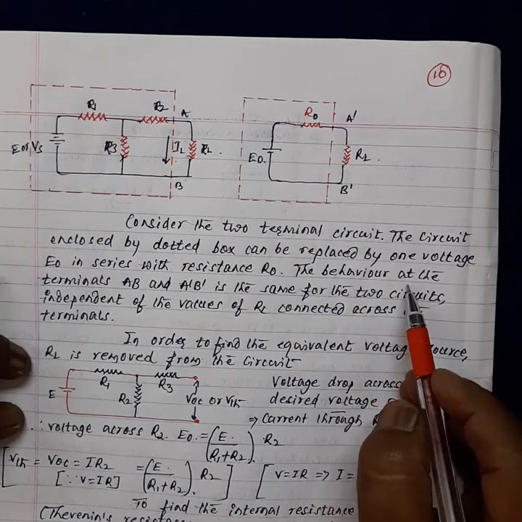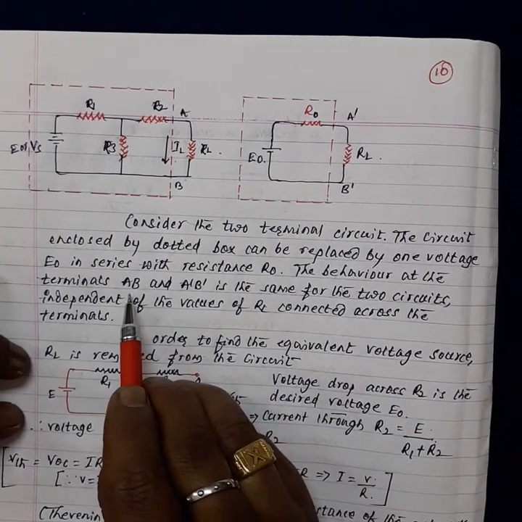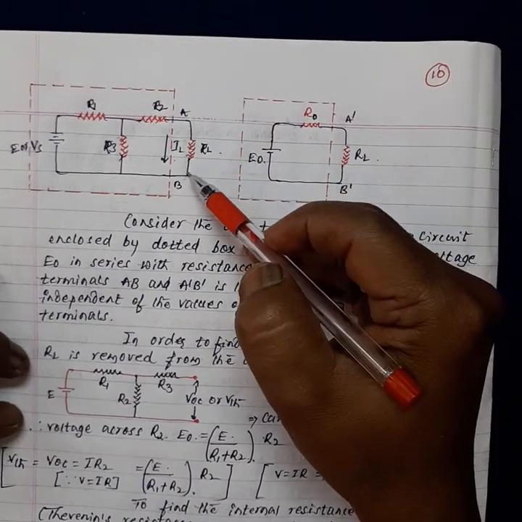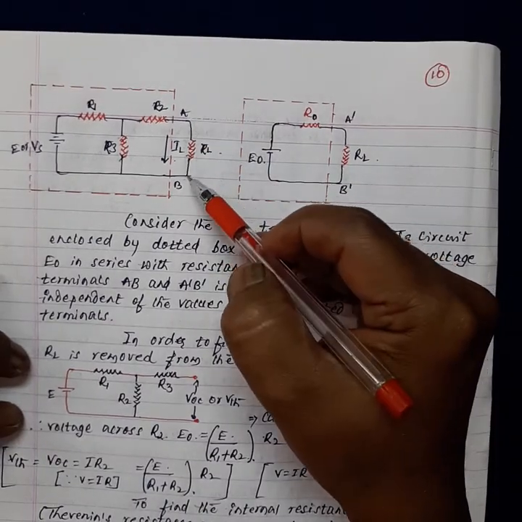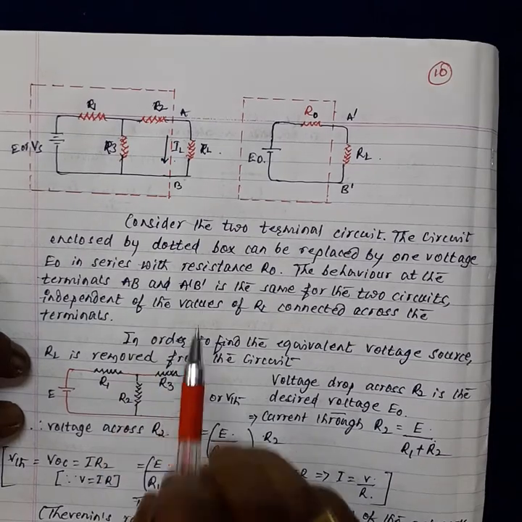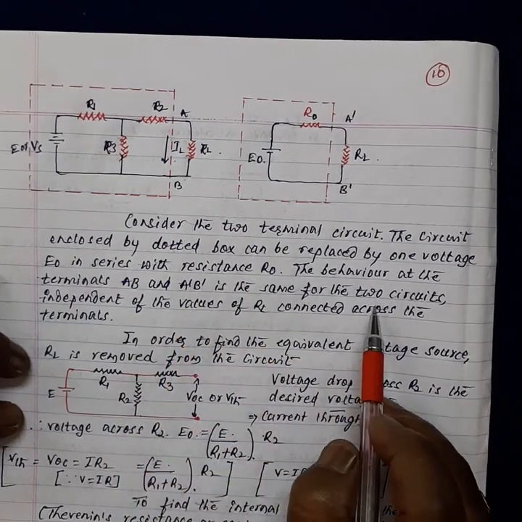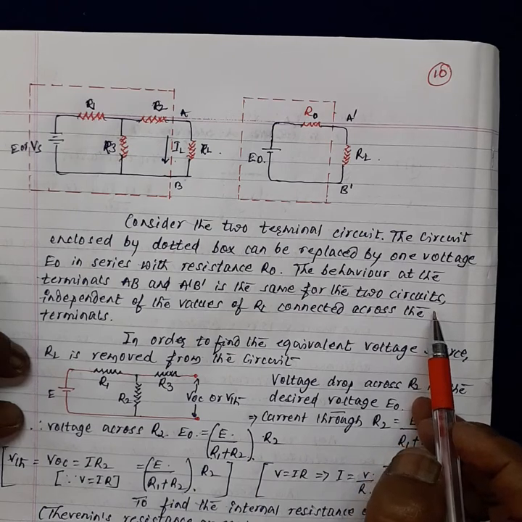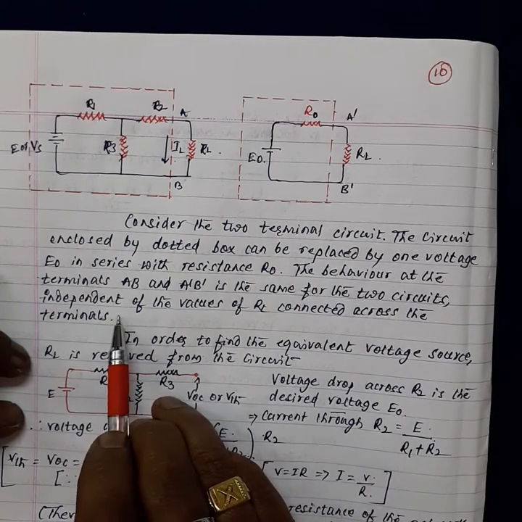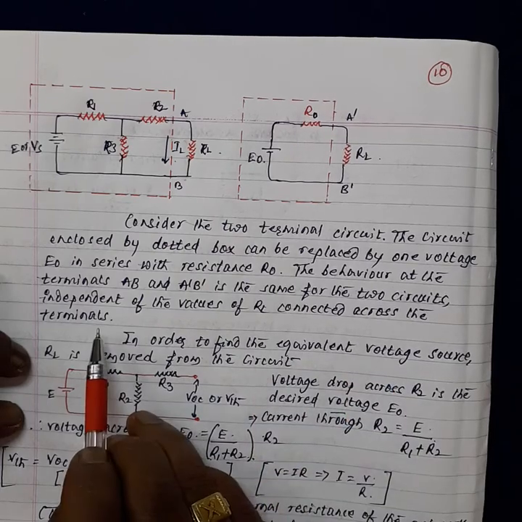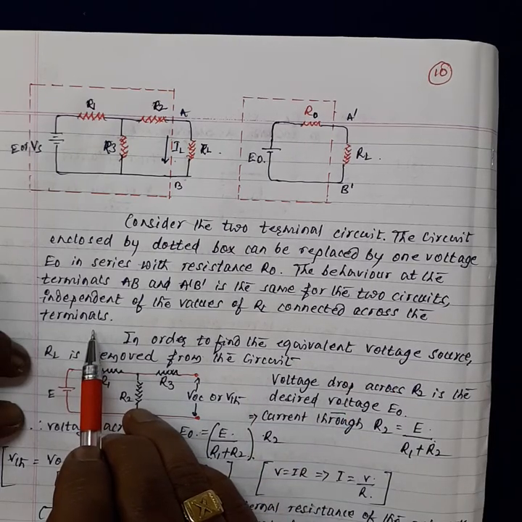The behavior at the terminals A, B, that is the output terminals A, B, and A dash, B dash is the same for the two circuits, and they are independent of the values of RL connected across the source or terminals.